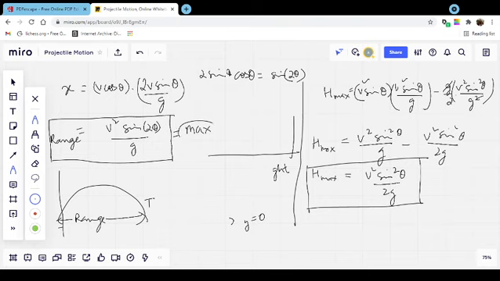So how do we maximize this? When we talk about maximizing range, we are not saying just throw the ball more quickly. We are not trying to increase the velocity. That's not what we are trying to do.